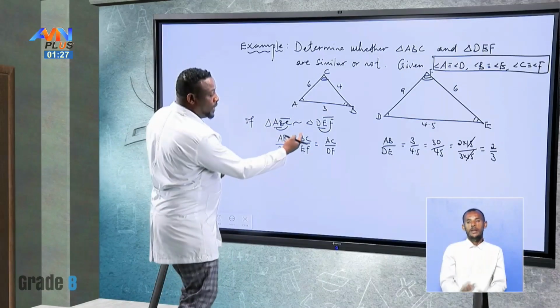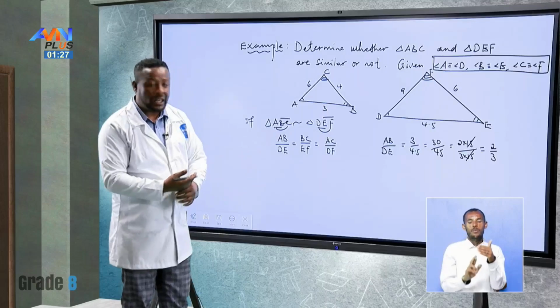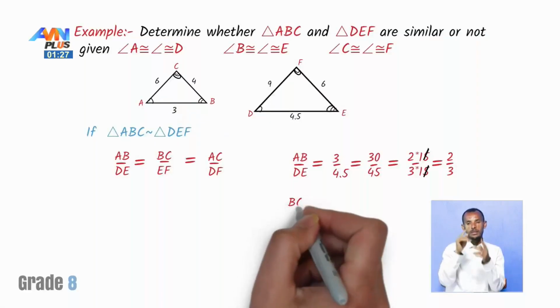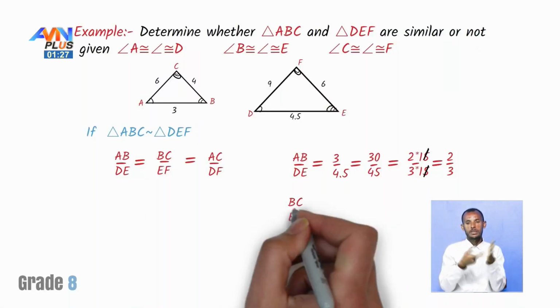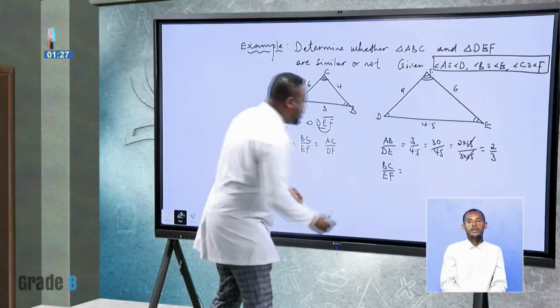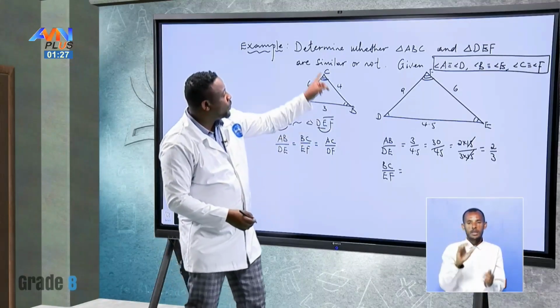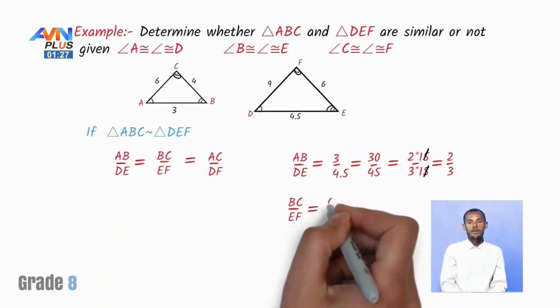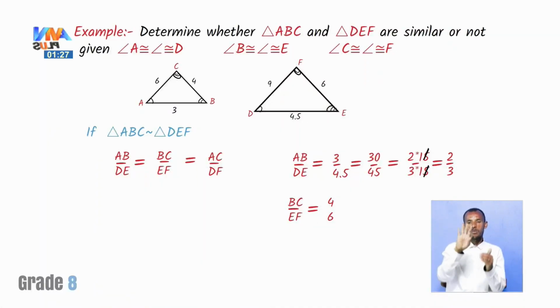Again, let's calculate the ratio of the middle term. That means BC over EF, okay? Now BC is 4, and EF is 6, okay?